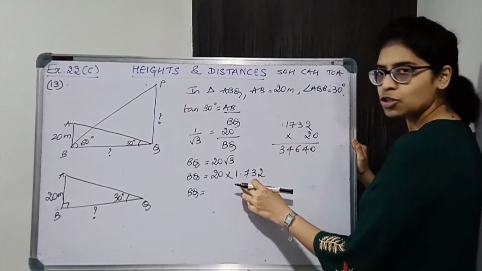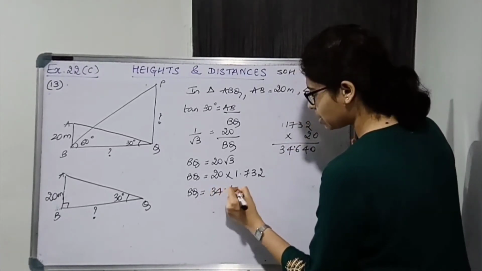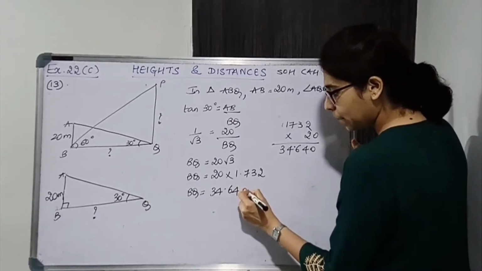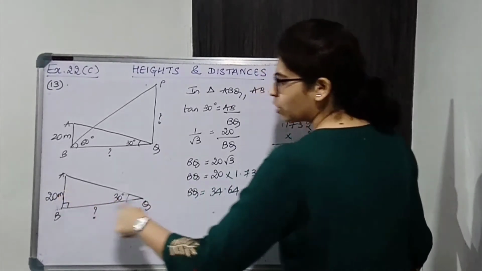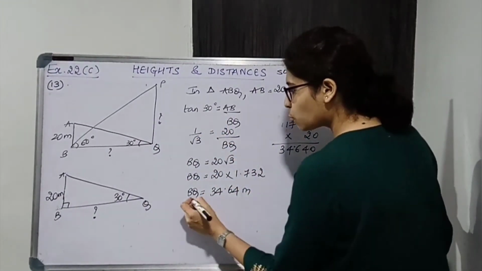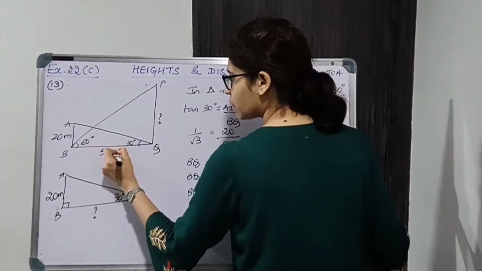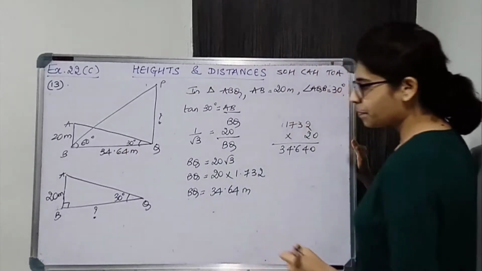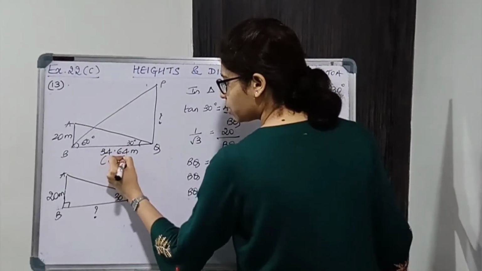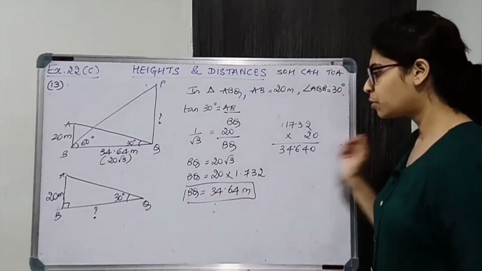Decimal point after 3 digits from right, so put a decimal point. 34.640 is nothing but 34.64 meters, because this is given in meters, so everything else will also be in meters. All the heights and distances will be in meters. So BQ we found first. That is 34.64 meters, or 20 root 3. But we never keep root, so we'll substitute the value and find it.